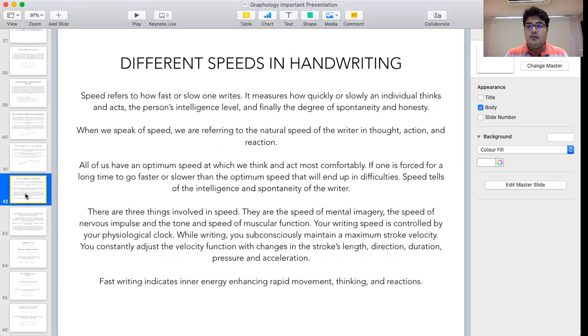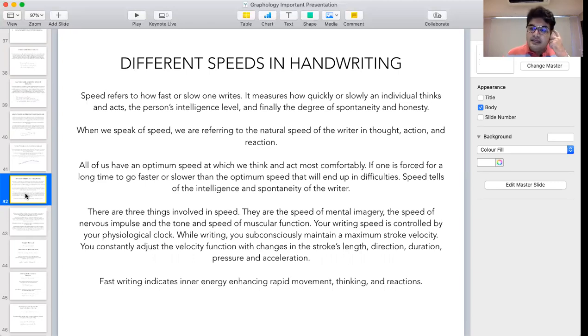In short, talking about how fast or slow you write, these are the different aspects I'm speaking about: the stroke length, formation, direction, duration, pressure, and acceleration. Fast writing indicates inner energy, enhancing rapid movement, thinking, and reactions.